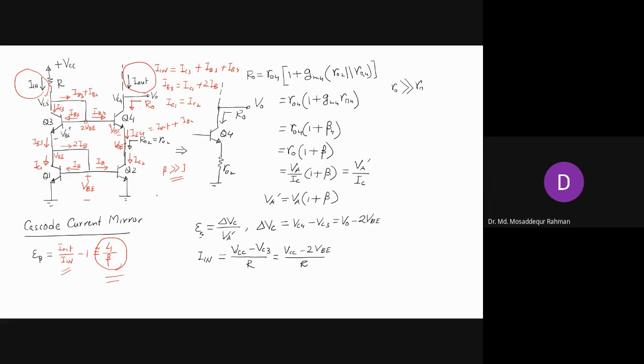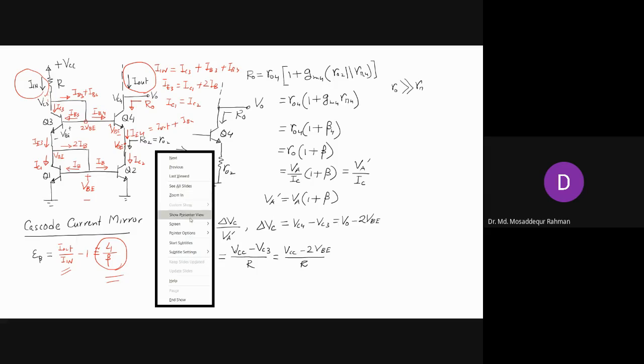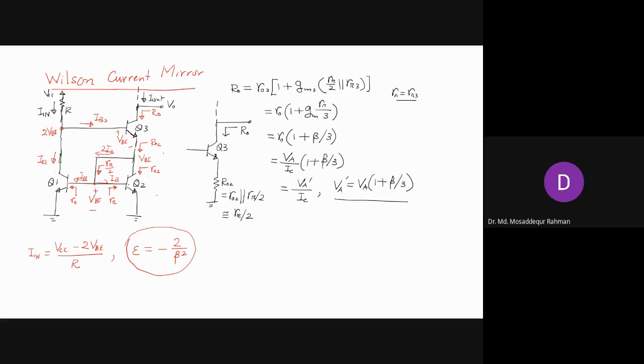We can also extend this for multi-stage amplifiers. If you want to extend this for multi-stage amplifiers, you just connect more transistors here, something like this.